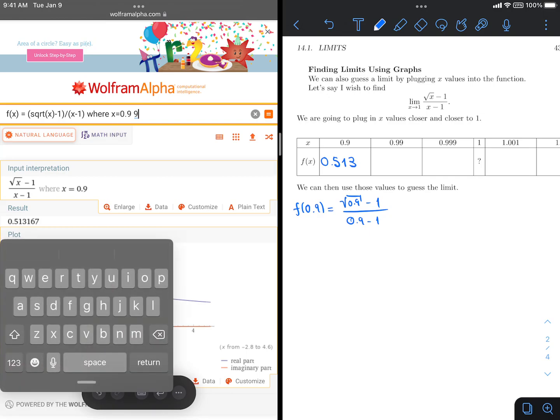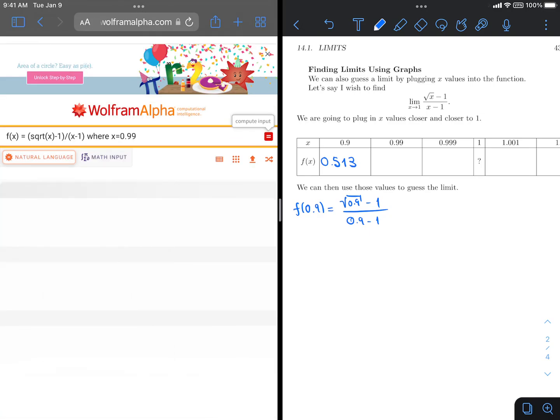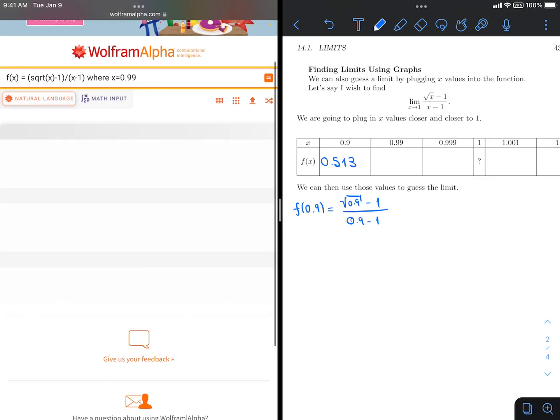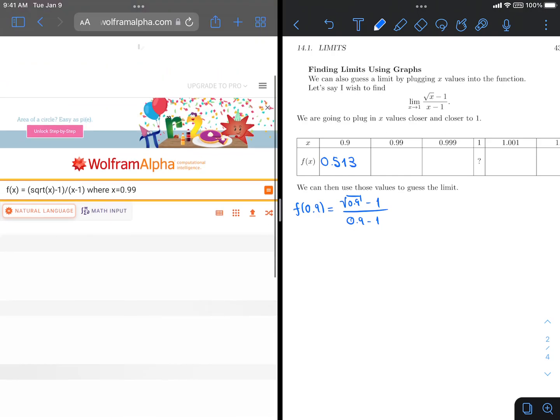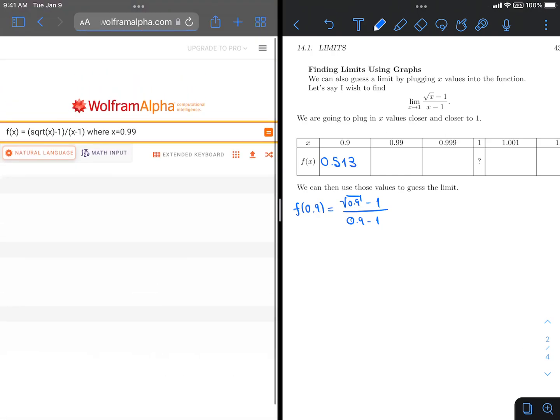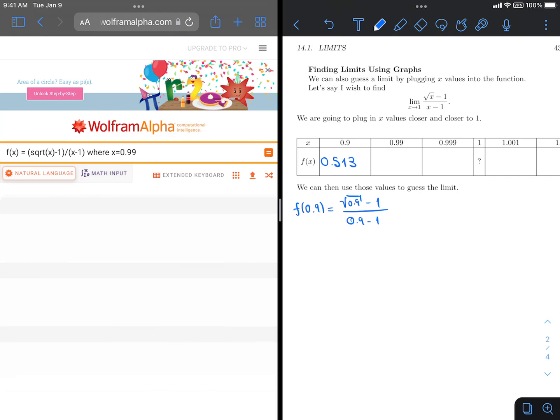I'll use my keyboard instead. And then if I plug in 0.99, Wolfram's doing the math for us. Taking a little longer than expected. There we go.